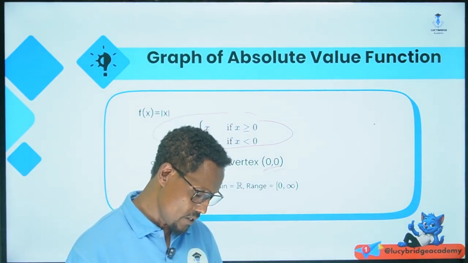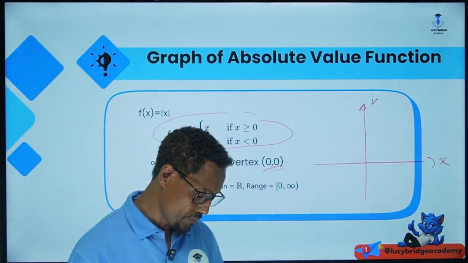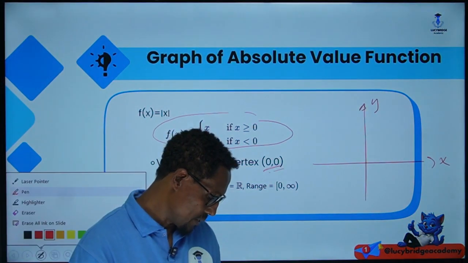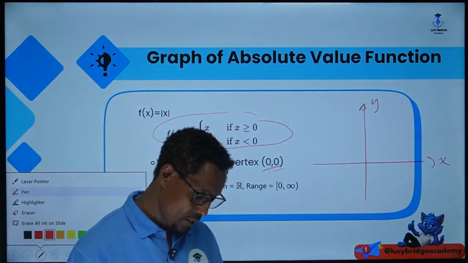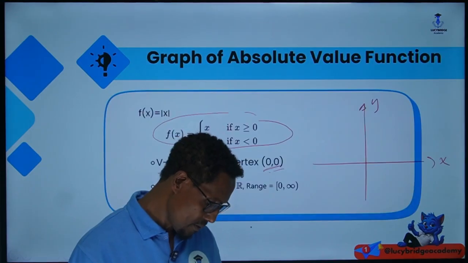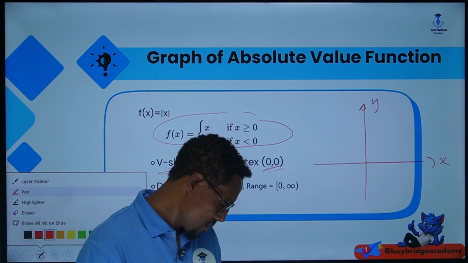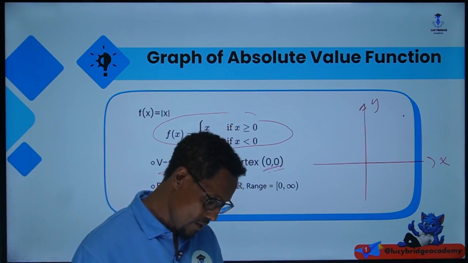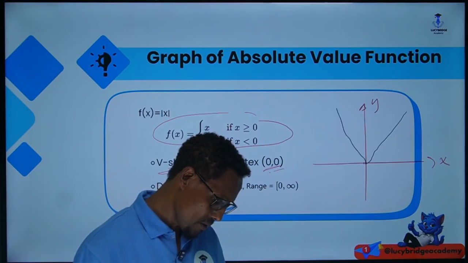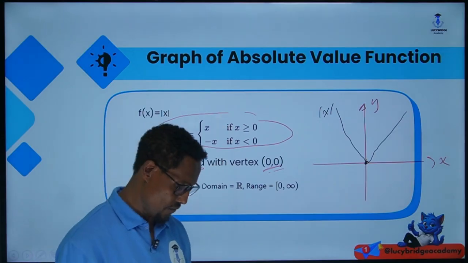Here it is, x and y. The graph looks like this. It is V-shaped with its vertex at the origin, so this is the absolute value of x.